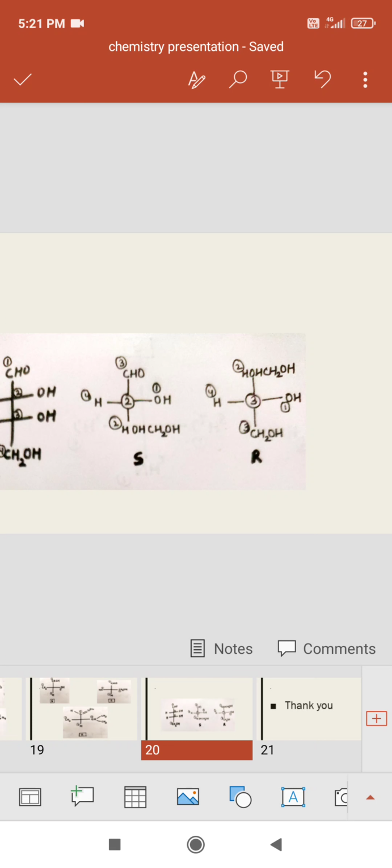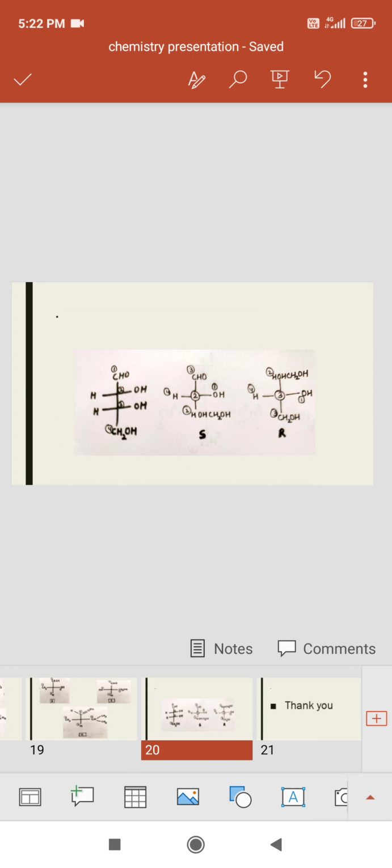So the least priority group lies on the horizontal line, so we have to change, remember, 1 2 3 means clockwise direction, but the least priority group lies on the horizontal line, so it can be reversed, so it will be S configuration. Similarly, the third will get the R configuration.